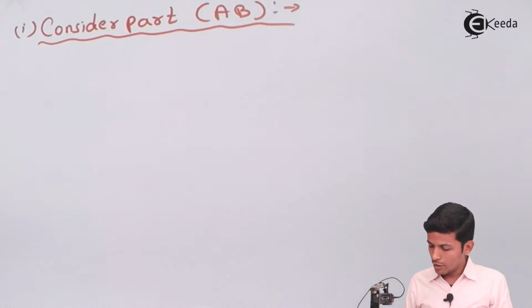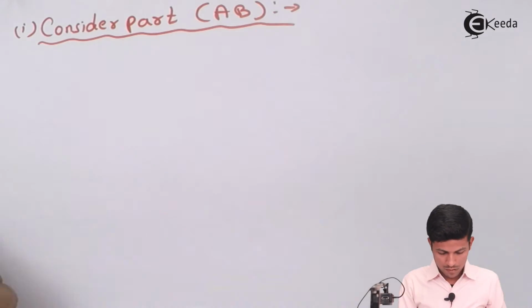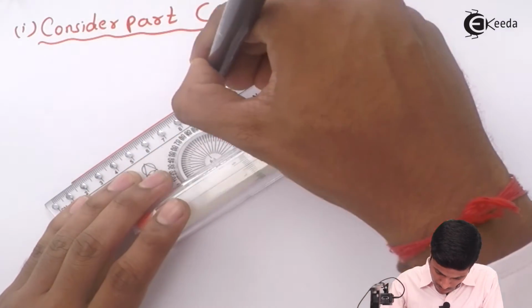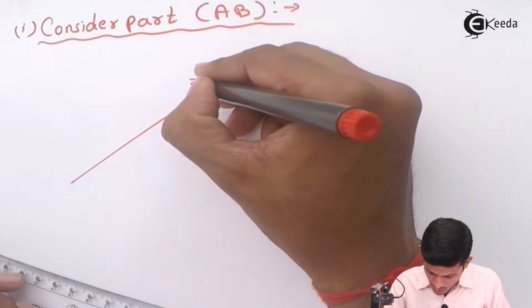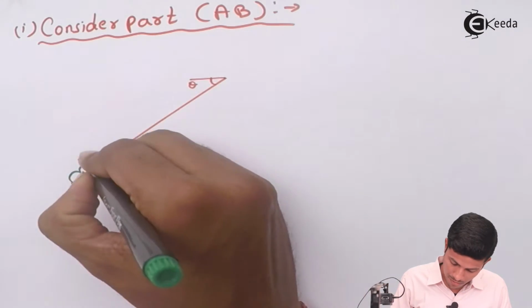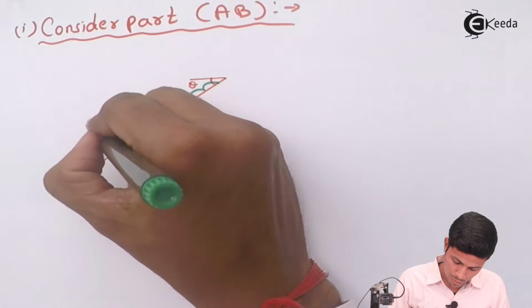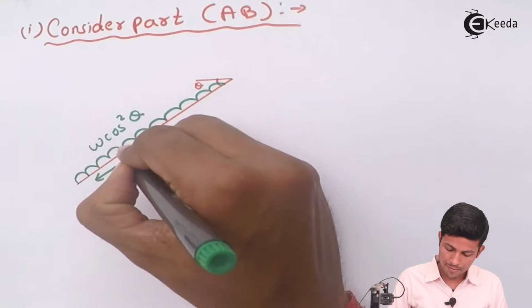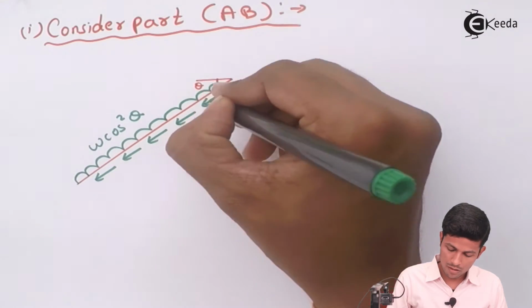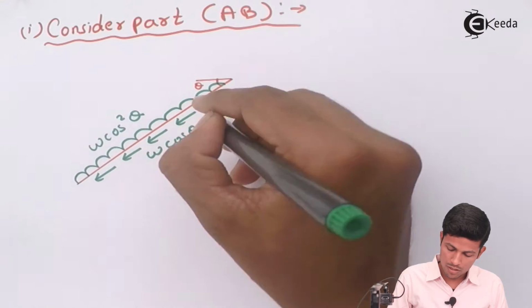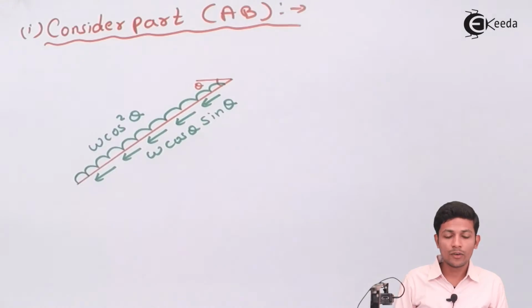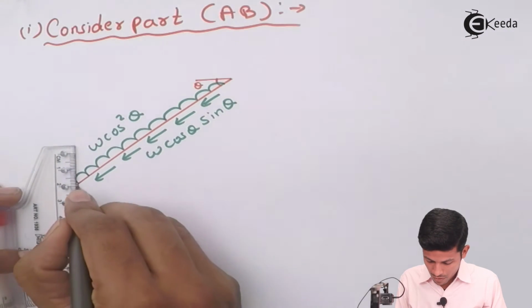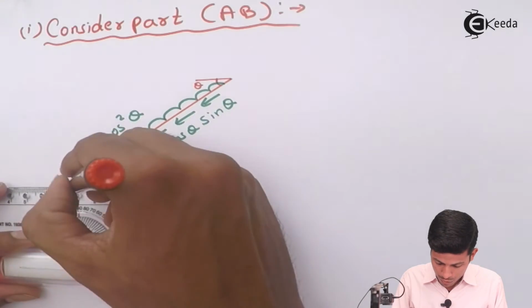First draw the FBD of that part. w cos theta sin theta. Now we know the value of this, and we know the value of this also.